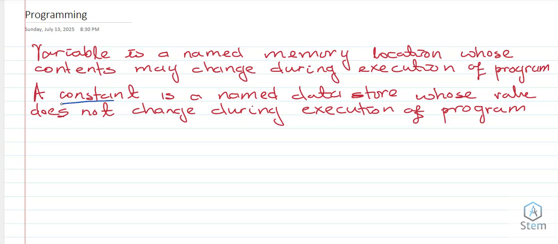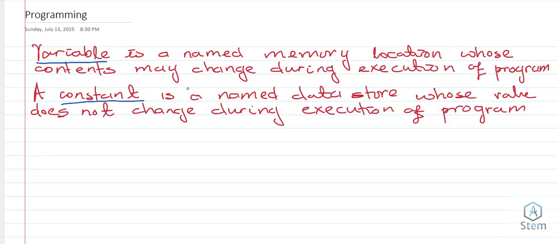A constant value does not change. Once you set it to some value, it will stay at that value during the running of your program. A variable, on the other side, may change during the execution of your program. All right, so if you look at an example of, say, a school, the name of your class teacher may change during your school days.